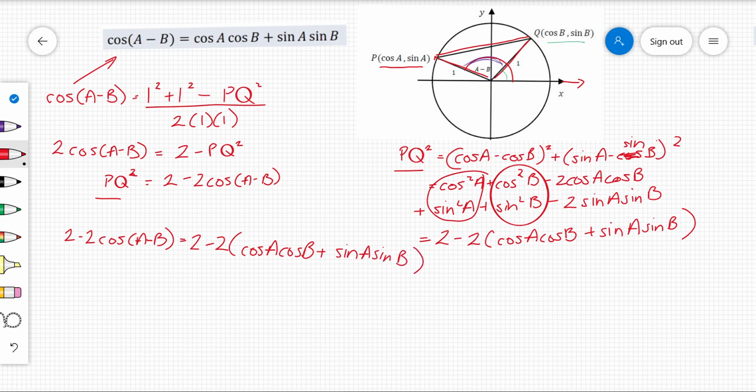Alright, now they've both got a positive 2, so minus the 2 from both sides. We could also divide by minus 2 both sides, and we get the expression we were after. So we get cos(A minus B) being cos A cos B plus sine A sine B. So just practice doing that a few times to derive that formula.